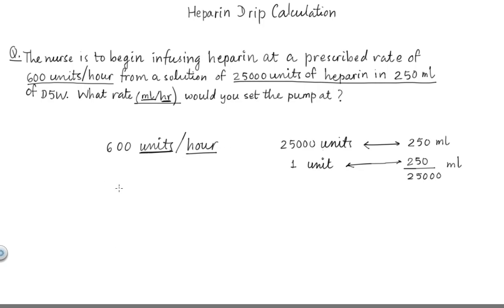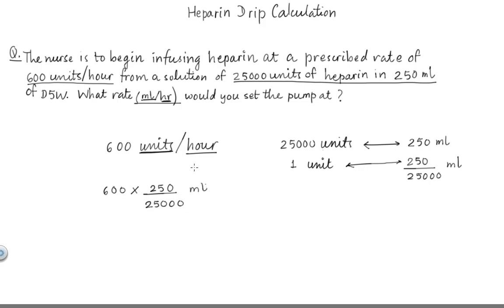Now come back here. We have 600. The nurse is supposed to infuse 600 units every hour, but we have to convert that into milliliter. So if 1 unit is 250 over 25,000 milliliter, then 600 units is 600 times 250 over 25,000.